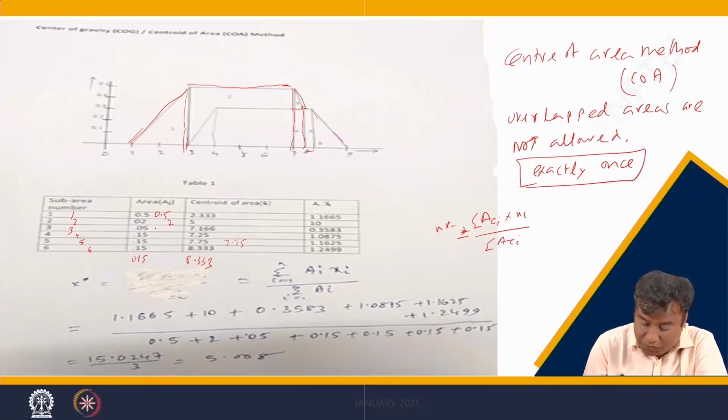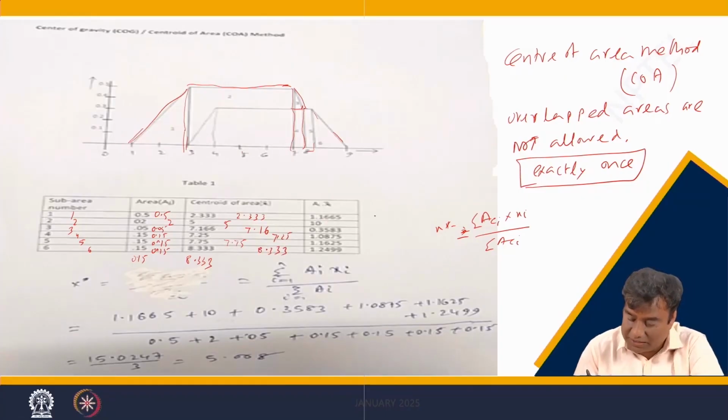Here the area is 0.05, then 0.15, 0.15, and the area is 0.15. The centers are 2.33, 5, 7.166, 7.25, 7.75, 8.33.